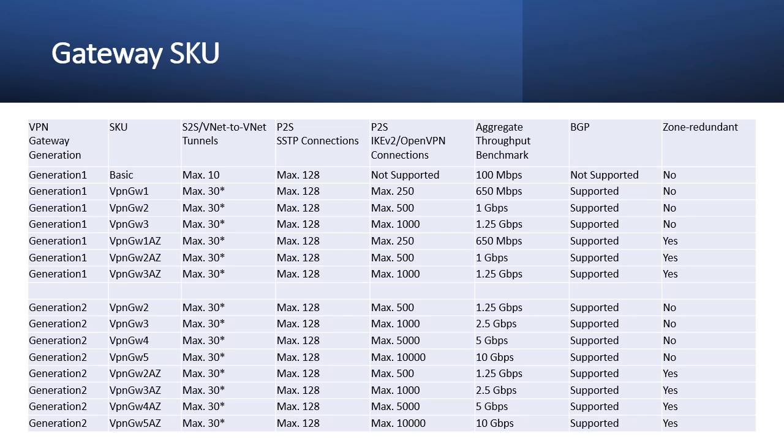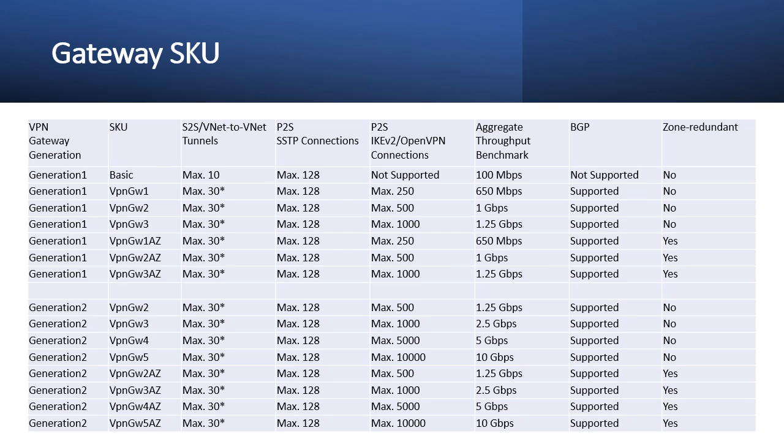If you need more than 30 tunnels, note that only 30 tunnels are supported in generation 1 and generation 2 gateway SKUs. Resizing of VPN GW SKUs is allowed within the same generation, except resizing of the Basic SKU.